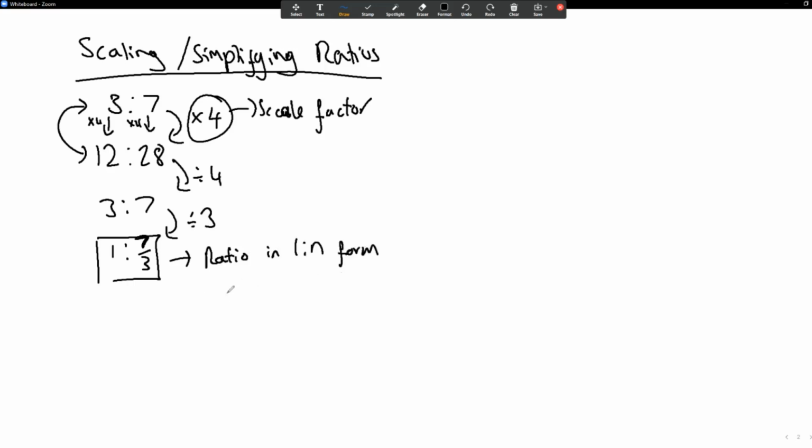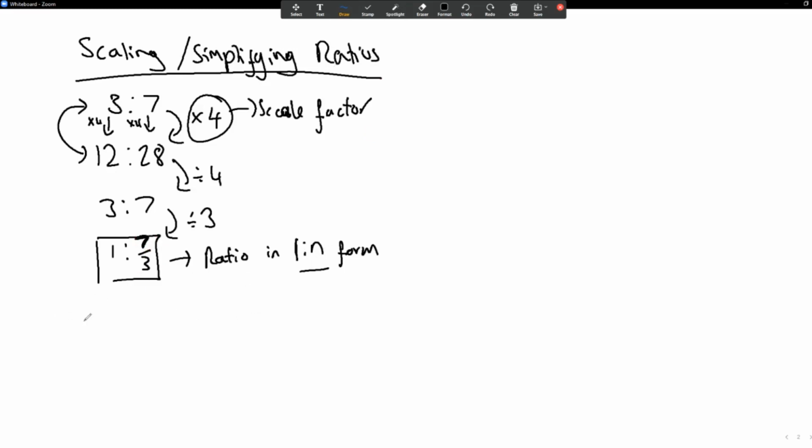It's something you need to be able to do. So whenever asked for it to be in 1 to n form, you just need to divide one side, this side, by itself to get 1, and then the other side will not be equal to 1 usually, and that's 1 to n form.